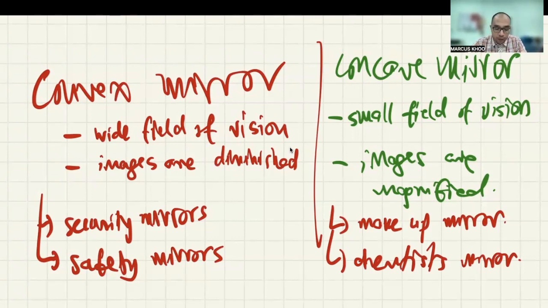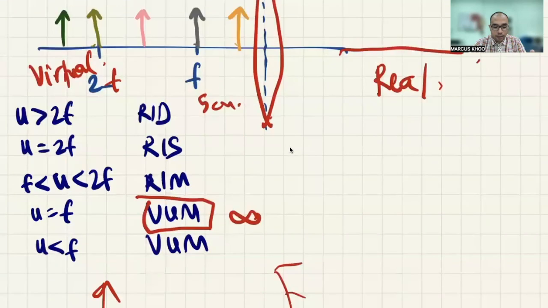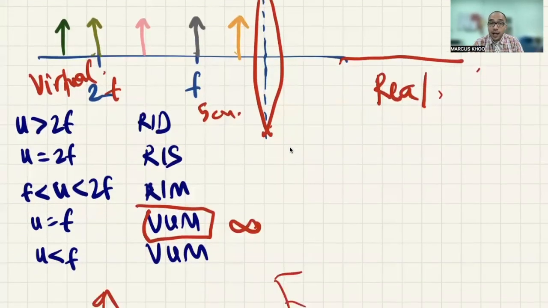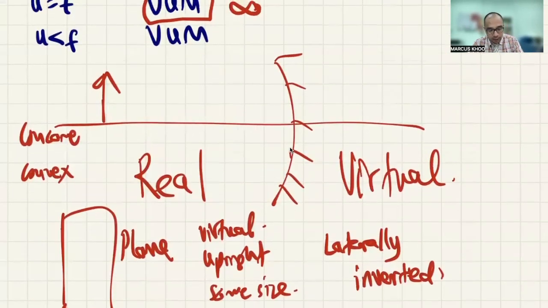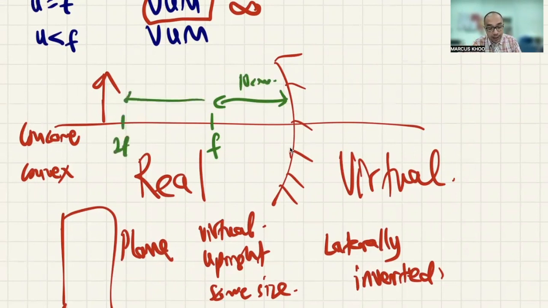And then of course, when you talk about the characteristics of the image, it all depends on where the distances are. In the case of a mirror, let's say this is the focal length, f, and let's say the focal length is 10 centimeters. So 2f for the mirror will obviously be another 10 centimeters.